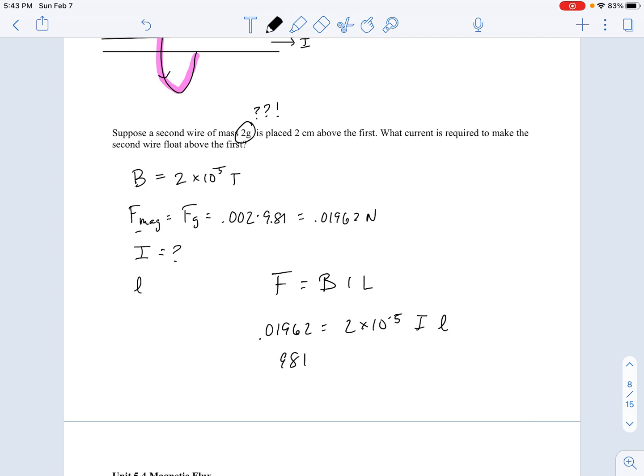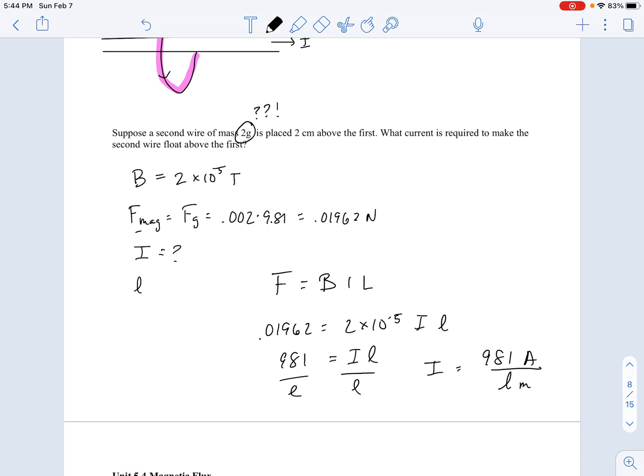So I get 981 equals IL. Now, if I divide both sides by L, check this out, I get that the current needs to be 981 amps per meter of wire.